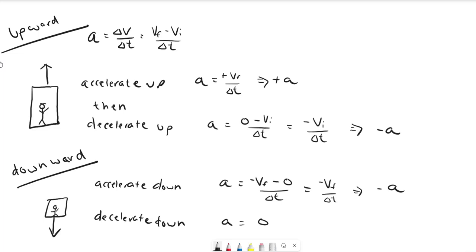So when we start to decelerate, we're still going down. So minus a negative v initial over delta t. Now we have a double negative here, and we're just going to have v initial over delta t. And that results in a positive acceleration. So then the answer to our question is that we were going downward, right? Because we started off with a negative acceleration and then ended up with a positive acceleration.